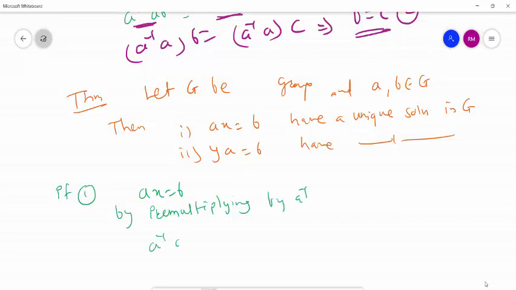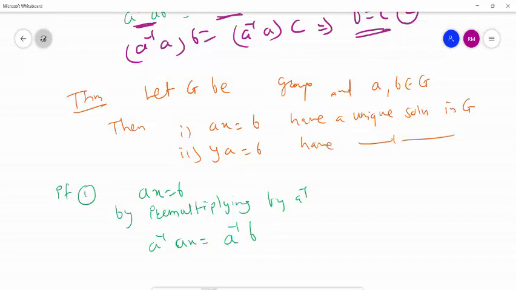So a inverse ax equals a inverse b, pre-multiplying by a inverse on both sides.